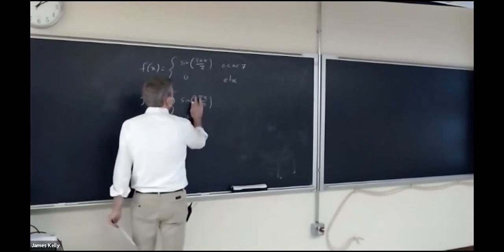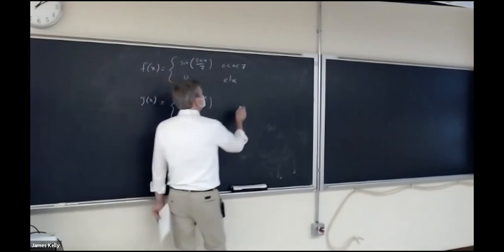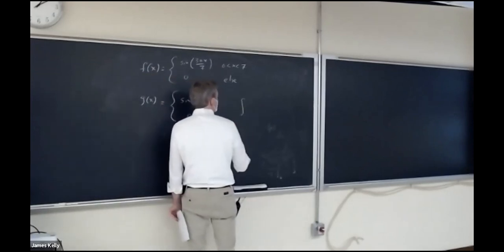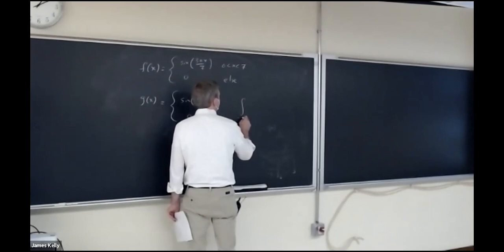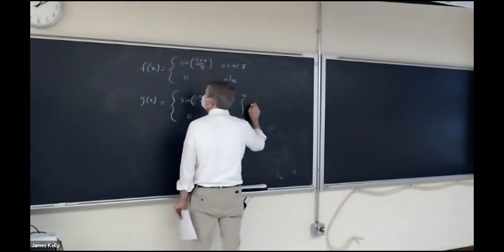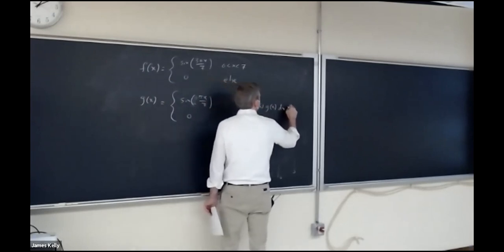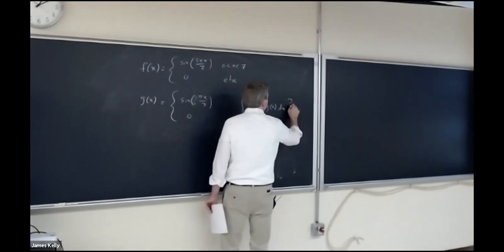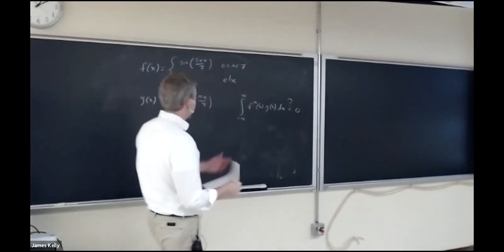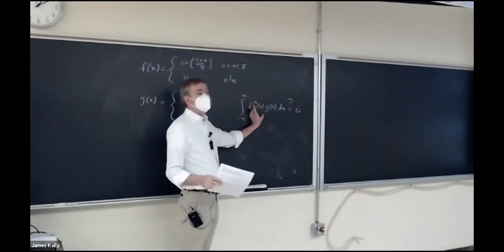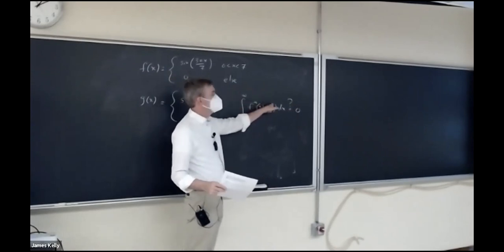So you could try doing this. The claim is that the integral from minus infinity to infinity of f star of x times g of x dx equals 0. We're asking that question. You could have done them in the opposite order too. You can think about it if you switch, or put the star on this one.